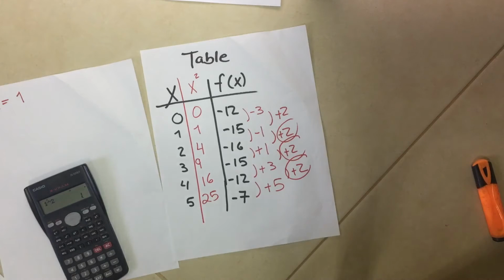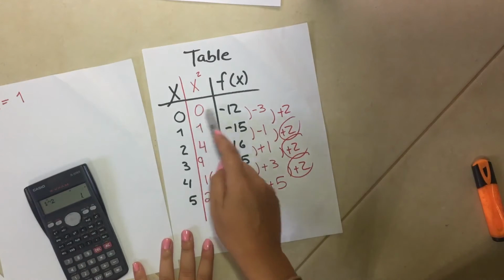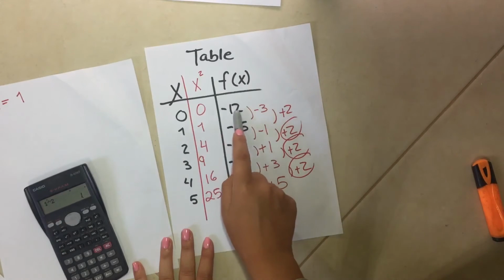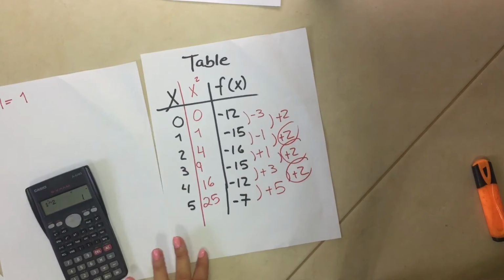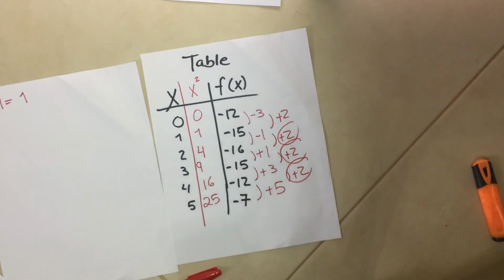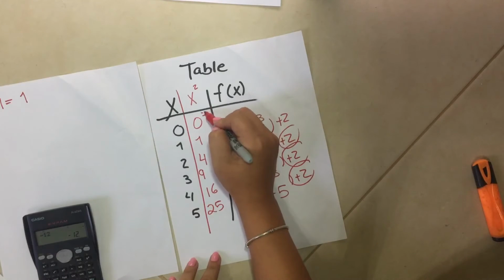However, our next step is to see how much we're missing in order to get from here to here. Okay, let's do that. From 0 to -12, we need -12.